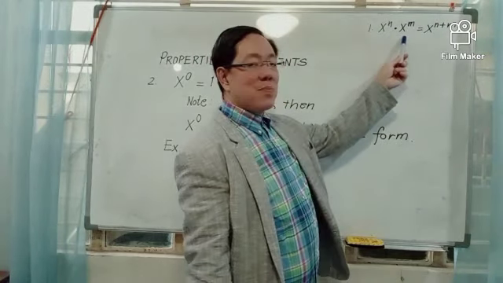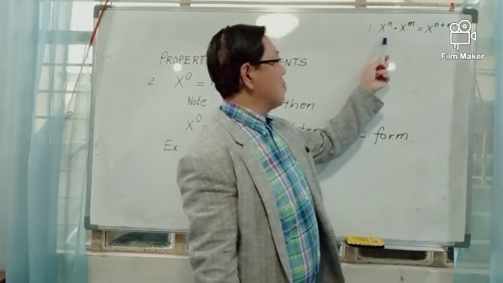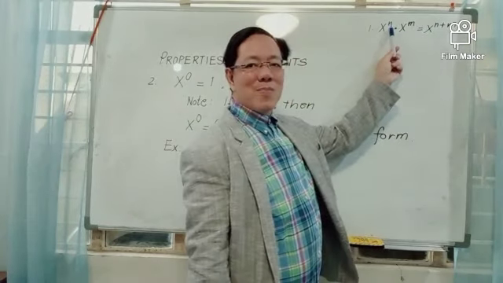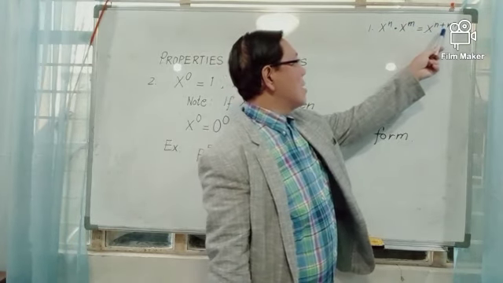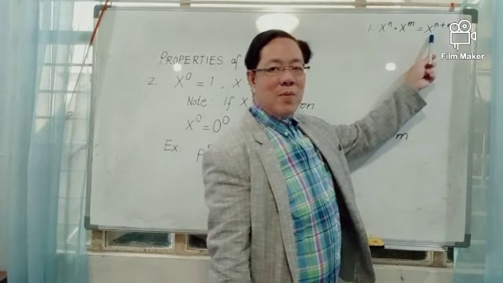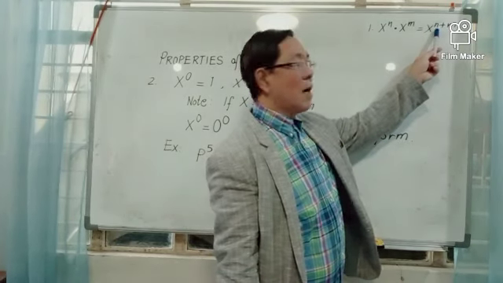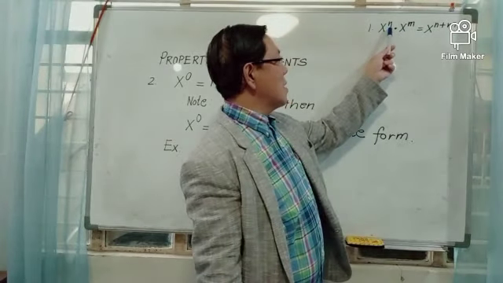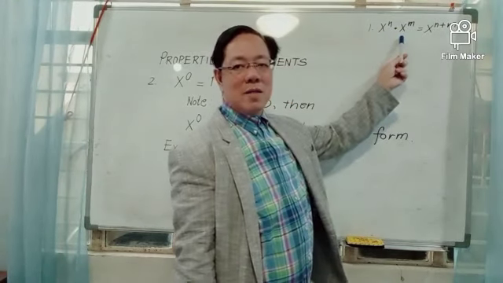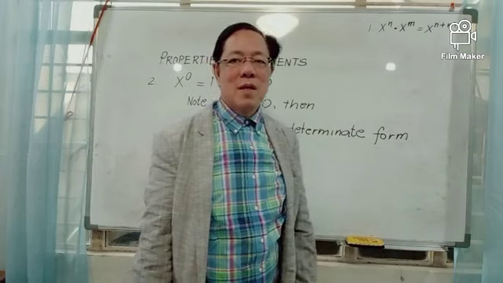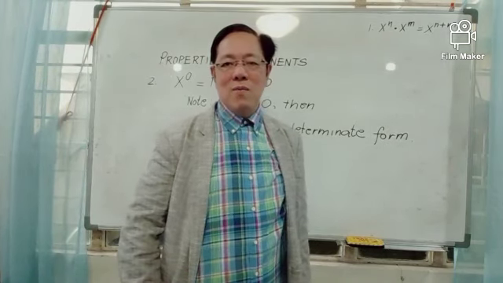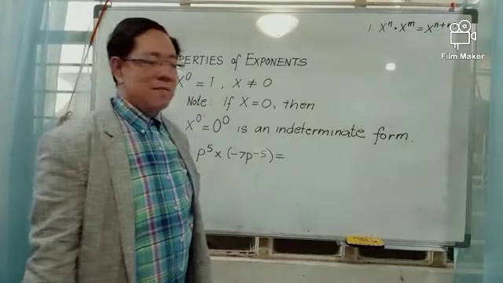When multiplying exponents, copy the common base x, and add the exponents. Hence, the exponent of x of the product is the sum of n plus m, the sum of the exponents of the factors at the left-hand side. Now we rewrite the result we had earlier.